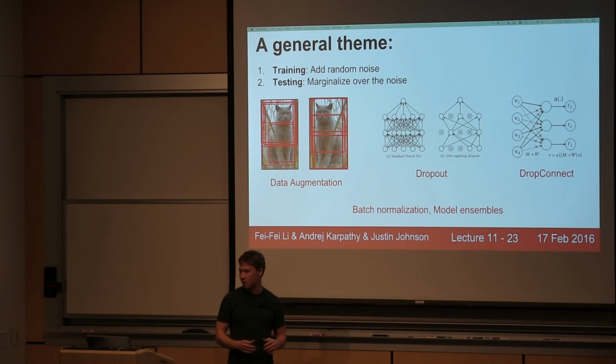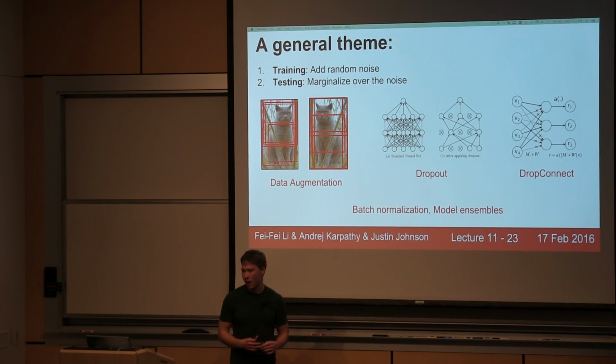This also appears with batch normalization, since your normalization constants depend on the other things in the mini batch. During training, the same image might end up appearing in mini batches with different other images, so that introduces this type of noise at training time. But in all of these examples, at test time, we average out this noise. For data augmentation, we take averages over many different samples of the training data.